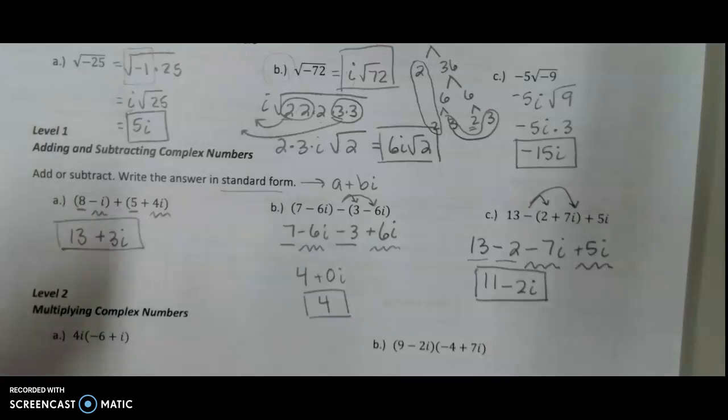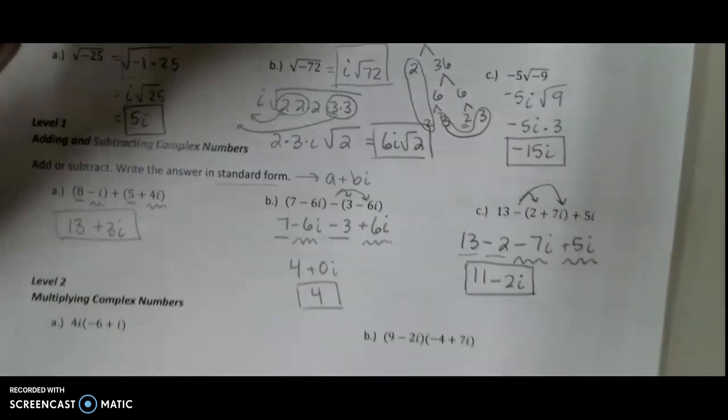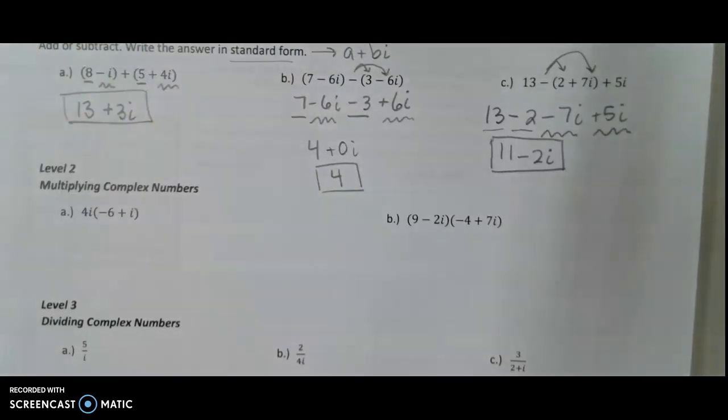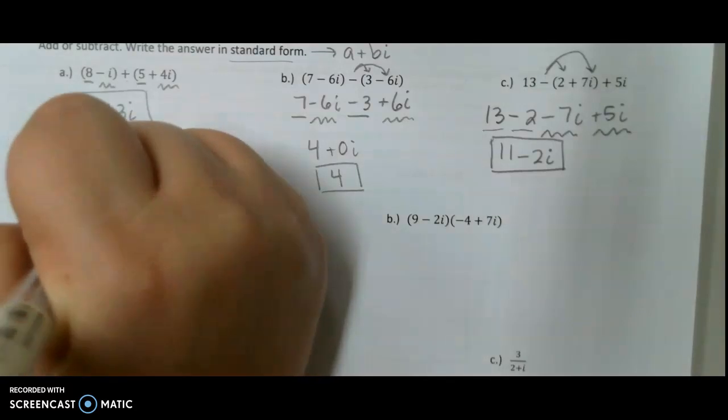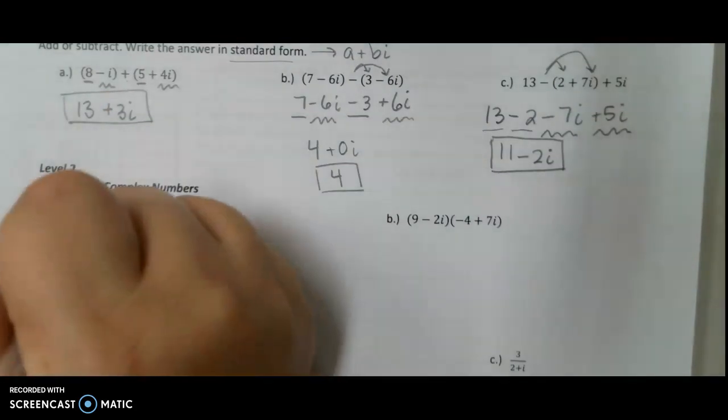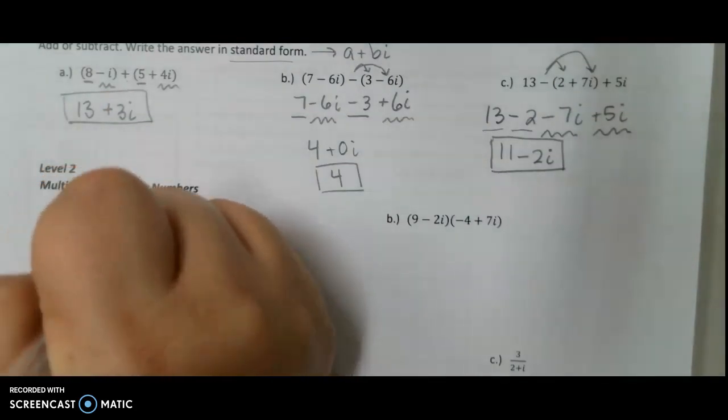The last thing that we're going to talk about today, level 2 questions, are multiplying complex numbers. So we're going to multiply by distributing here. So 4i times negative 6 is going to give us negative 24i.